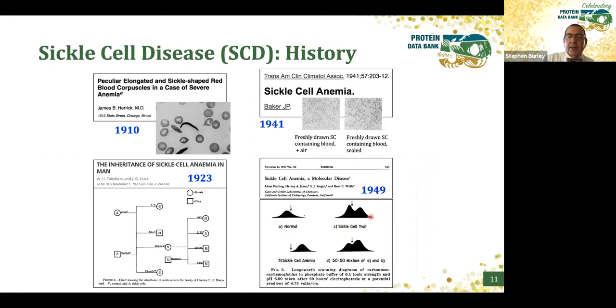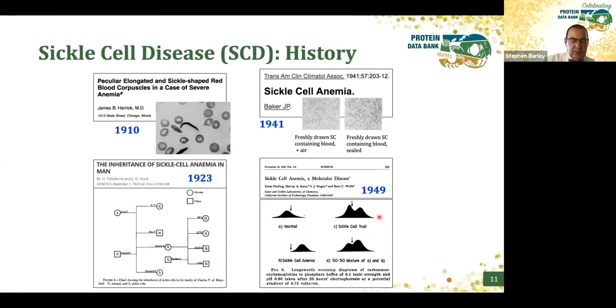When they looked at individuals who were the unaffected siblings of individuals with sickle cell disease, they saw two peaks in the electrophoretic pattern of the proteins, indicating that it was a mixture of normal and abnormal hemoglobin, and they were able, by making a 50-50 mixture of these two, to replicate what they saw with the sickle cell trait.